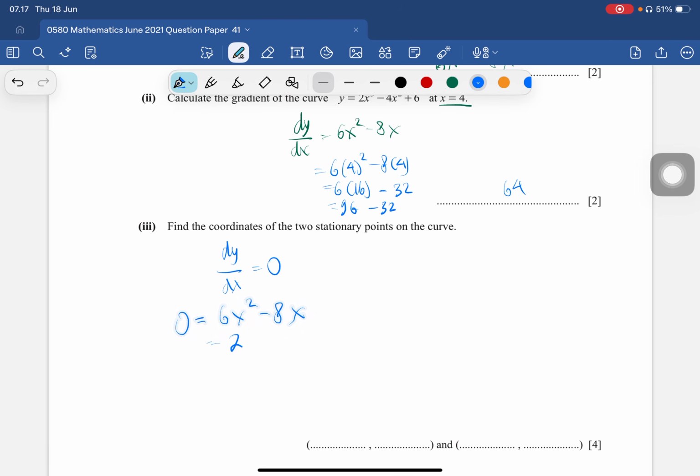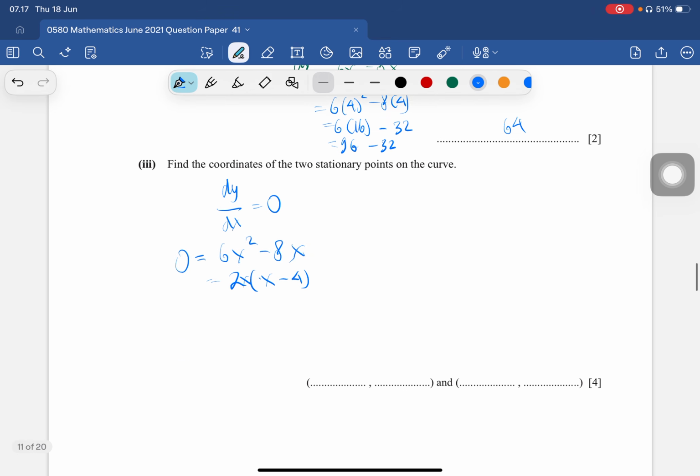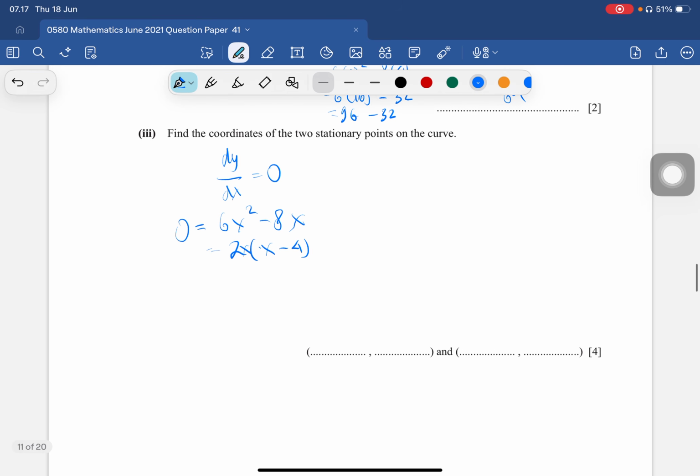Sorry, here's 2x, and this is 3x minus 4, since 2x times 3x gives 6x squared. Equal to 0. So we got 2x equal to 0 and 3x minus 4 equal to 0.